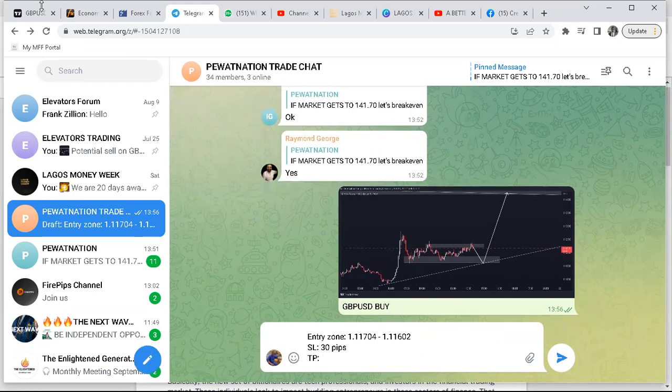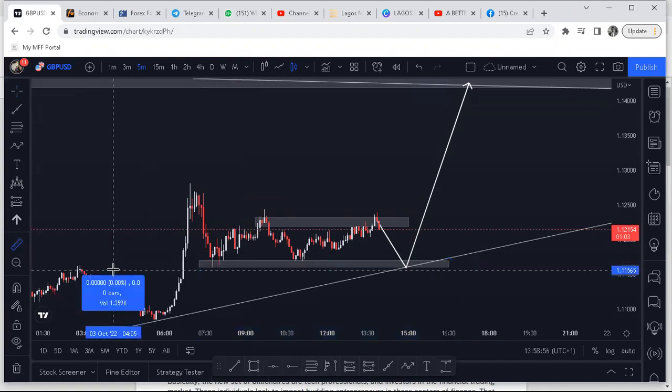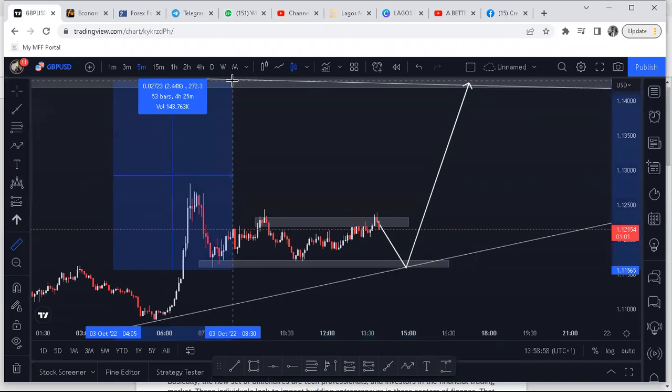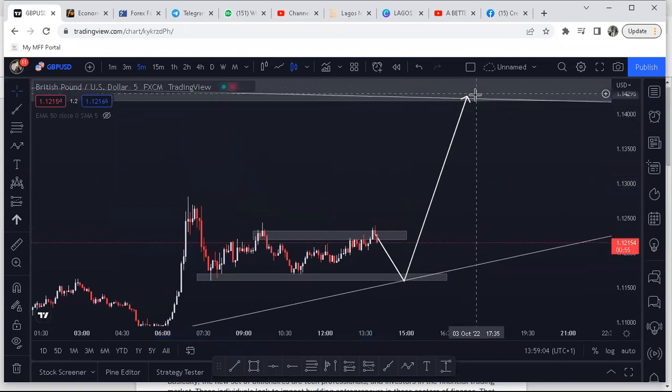TP is about 270 pips. So you're looking at TP on 1.14.